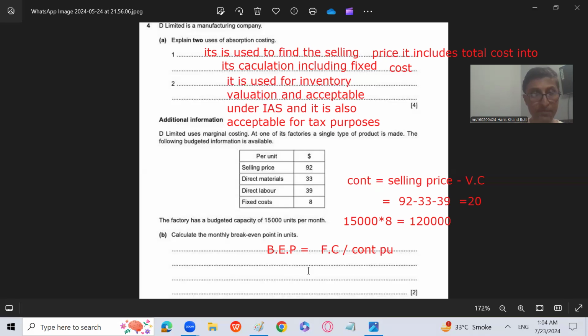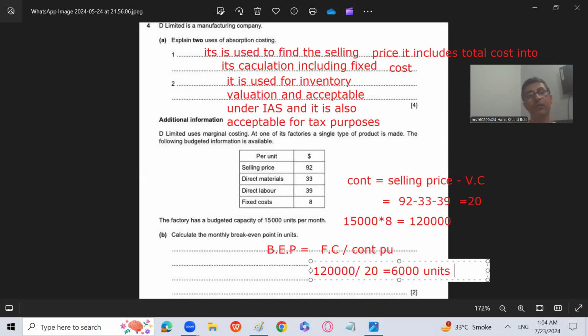So 15,000 into 8 gives the total fixed cost of 1,20,000. Now 1,20,000 divided by contribution per unit, that is 20. So 6,000 units is going to be your break-even point.